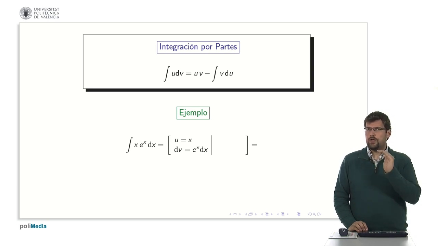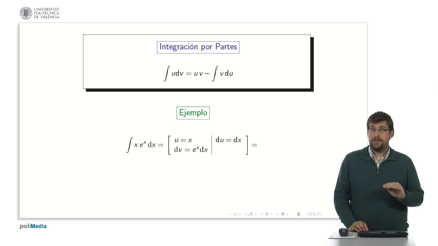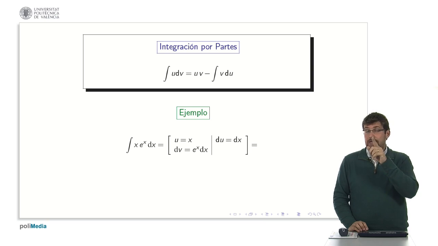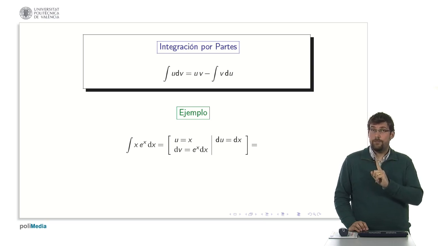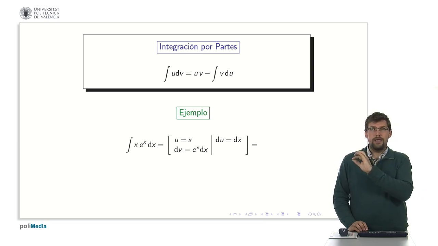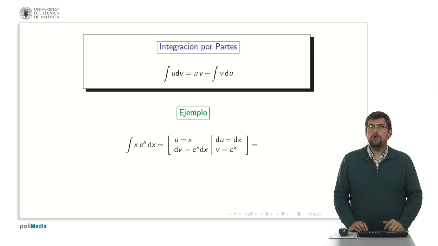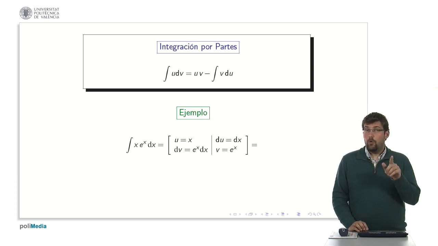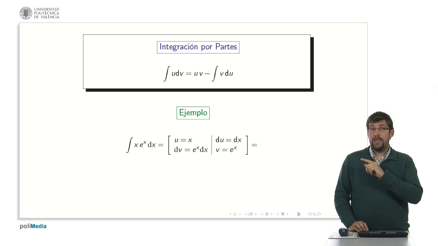Once we have chosen what will be u and what will be dv, we proceed to calculate the next two terms. From u, we get the du, which is simply to derive: the derivative of u would be the derivative of x. The derivative of x is worth 1, and that is why we get du equals dx. And as for the v, what we have to do is integrate it. v will simply be the integral of the exponential e raised to x dx.